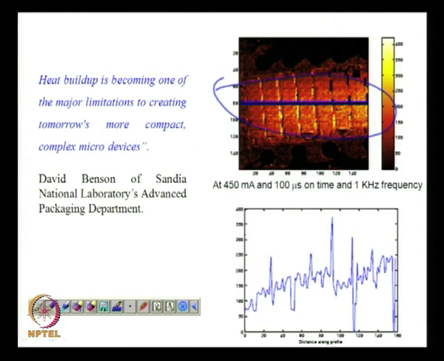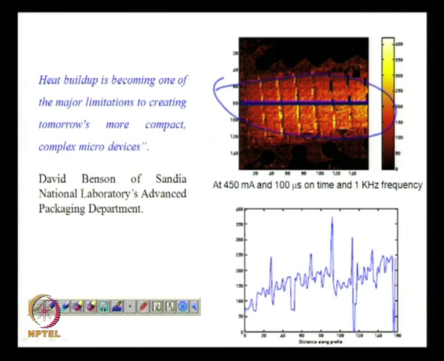Most likely in all microchips you would like the operating temperature to be within about 85 to 90 degrees centigrade, because if it crosses that, then you are going to encounter thermal diffusion of the dopant material, dopant ions and so on, and the entire performance of the chip, of the device, will degrade very fast, and it is extremely important that the temperature is maintained within certain limits.